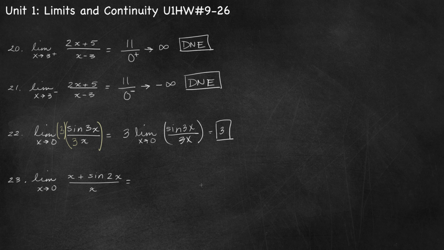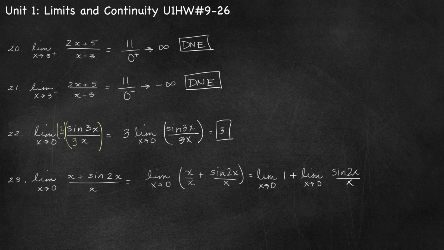23, the limit as x approaches 0, x plus sine 2x all over x. So we'll start by splitting this into two limits. Well, first let's start by just splitting up the fraction. So we have x over x plus sine 2x over x, like so. Now that's the limit as x approaches 0 of x over x, or 1, plus the limit as x approaches 0, sine 2x over x.